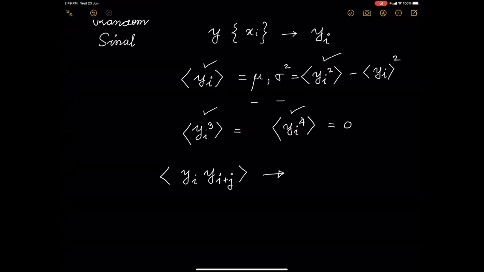I am not using the value at one point. I am taking the value of the signal from one point and taking the value of the same signal from a different point shifted by j, and then taking the average. What is this called? So this is called the correlation. Right, so this is called the 2-point correlation function.